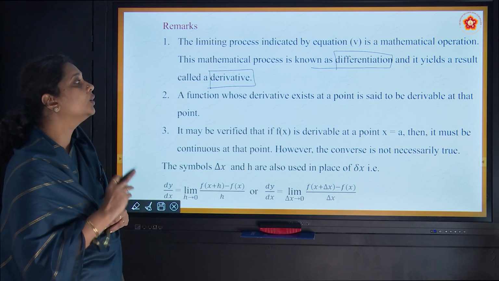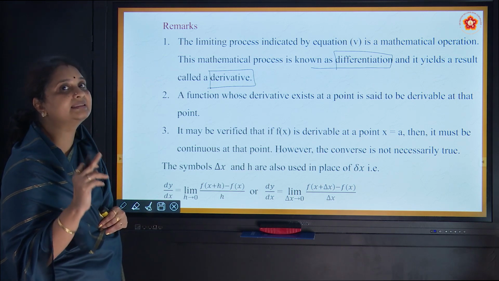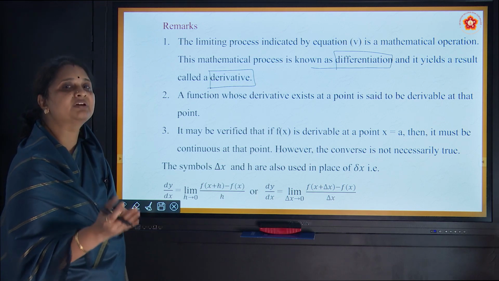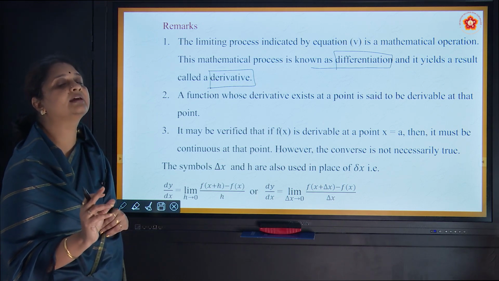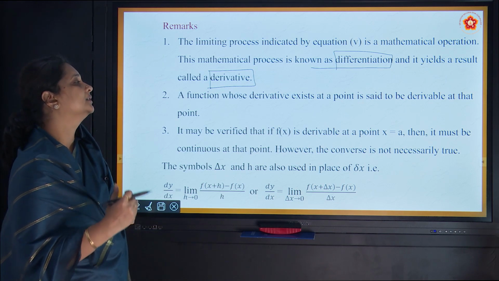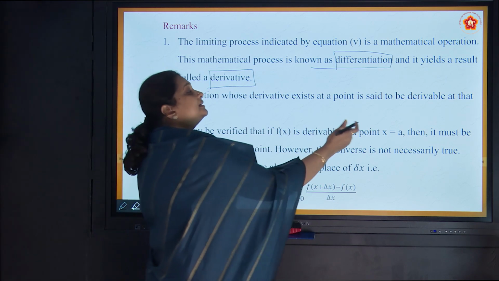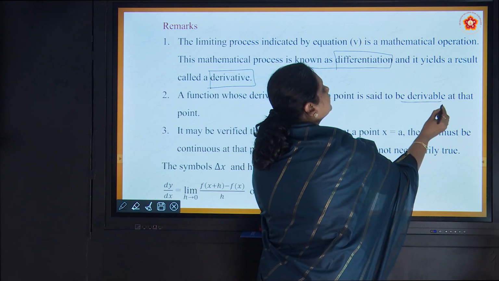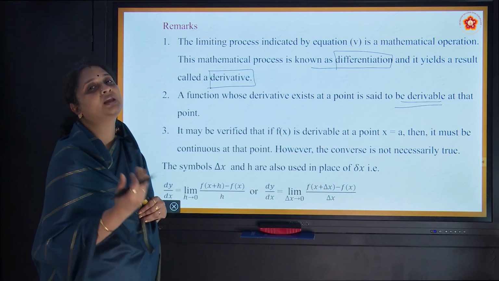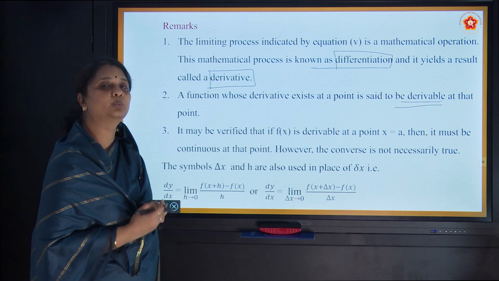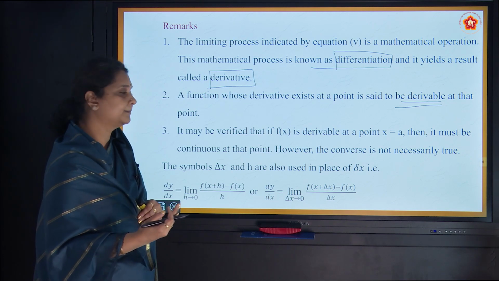And a function whose derivative exists at that point, meaning a function that we are able to differentiate, is called derivable at that particular point. We'll look into more examples.